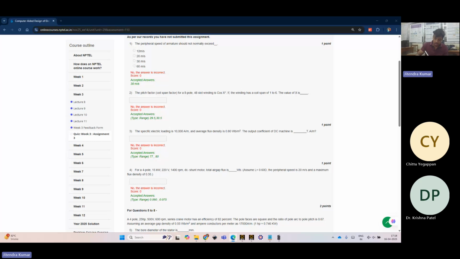So see, we have the number of poles as four, three-phase. Sir, I'm not able to see the screen. I am sharing the other screen. Let me share this.